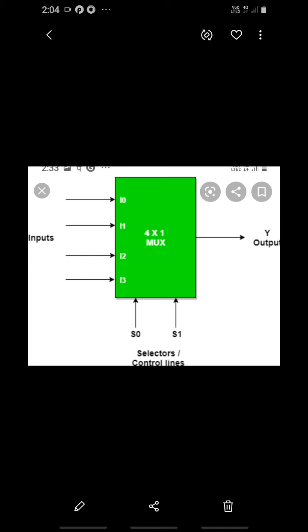The output will be one of the inputs D0 or D1, or I0 or I1 or I2 and so on up to I(n minus 1), depending upon the signals applied at the control input lines.